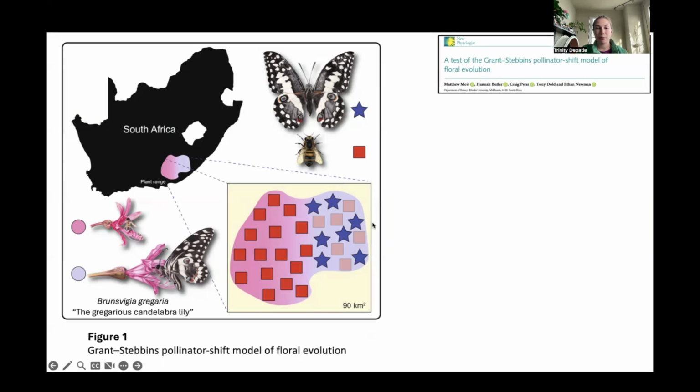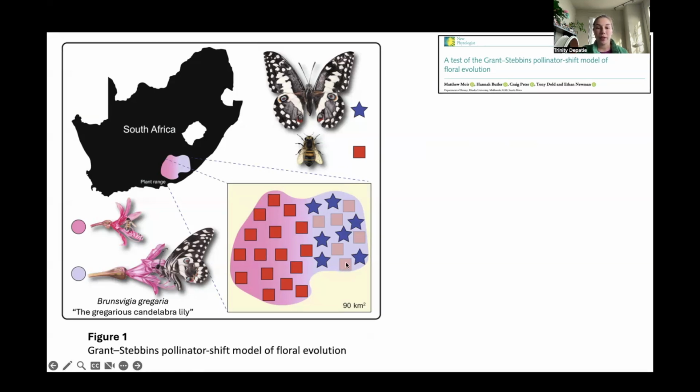Whereas over here in this blue area, the bigger butterflies are better suited for this flower type because the styles are longer. So we need a larger bodied insect in order to touch these reproductive structures back here.